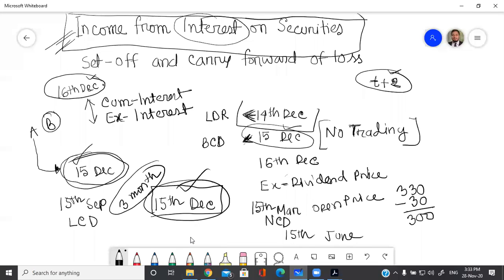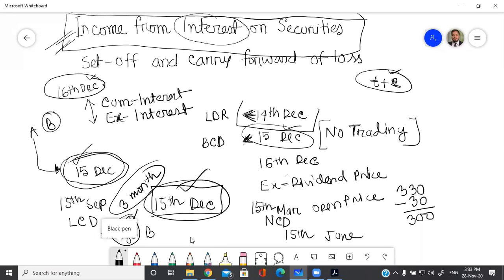So suppose Mr. A has sold this security to Mr. B on 15th October.